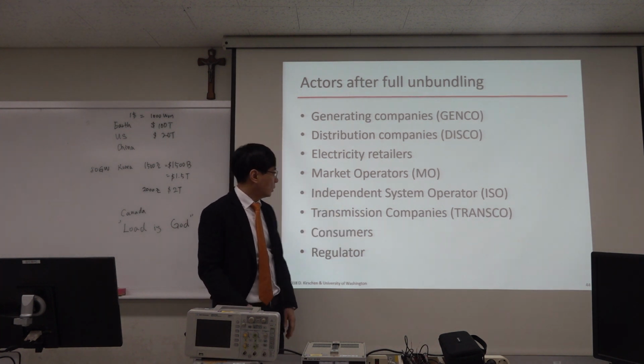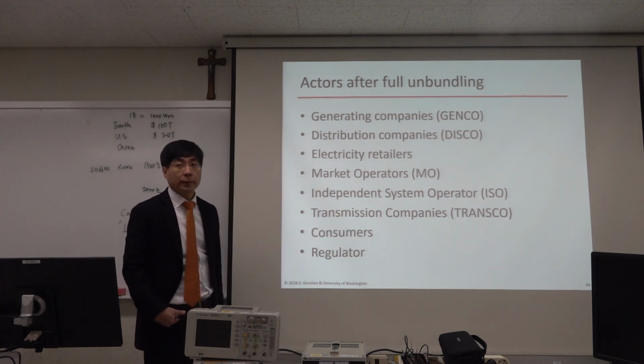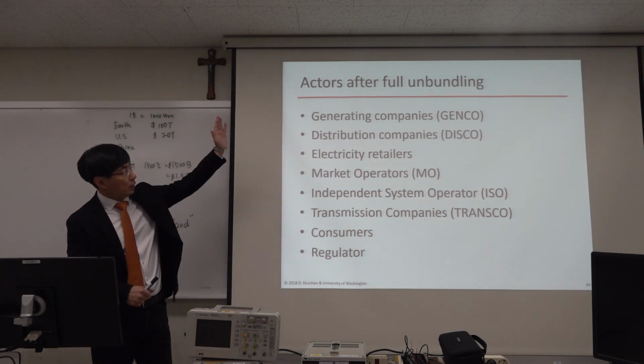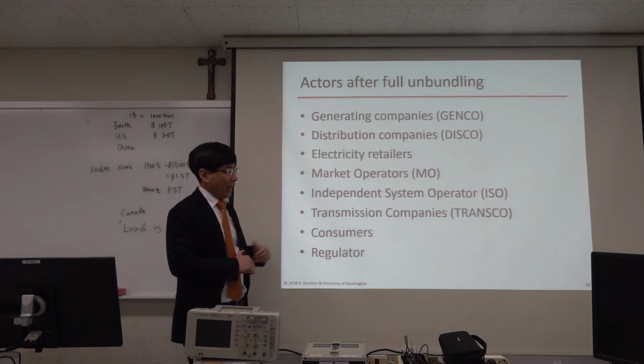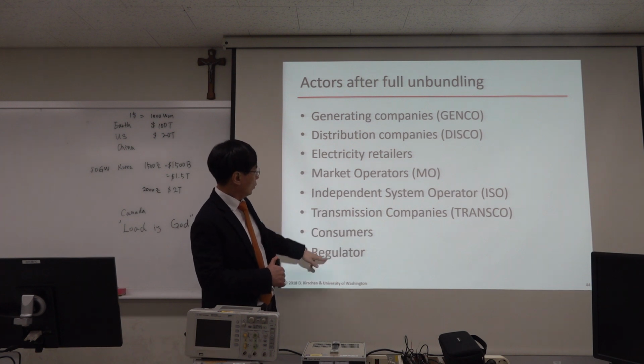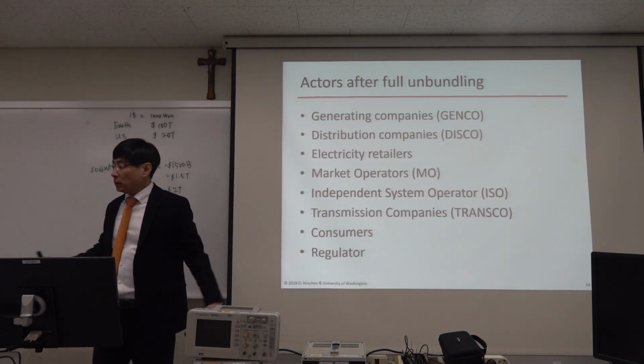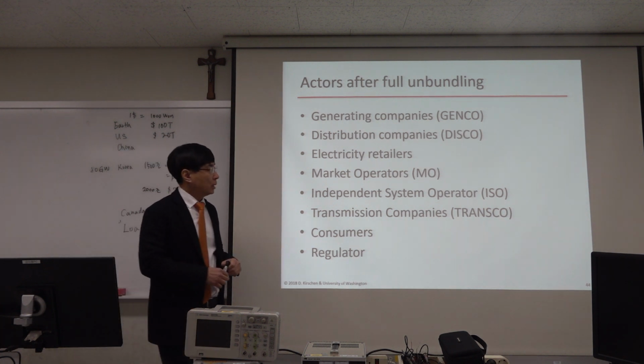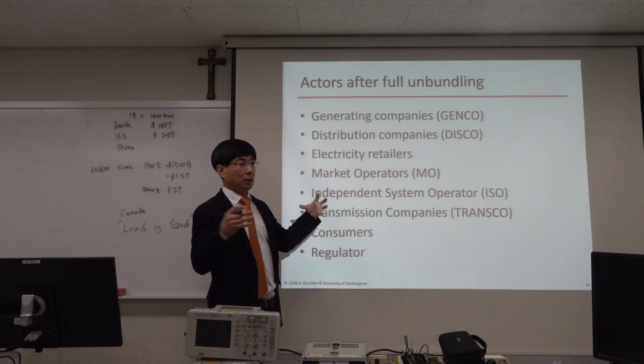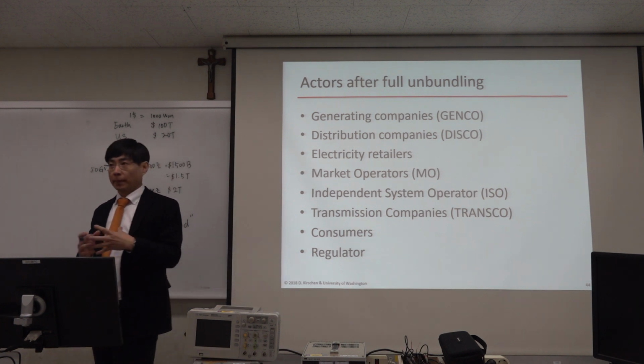Transmission company, Transco, consumer, and regulator. Okay. So we logically divide actors into 1, 2, 3, 4, 5, 6, 7, 8. Yeah, this is a conceptual case, and depending on the countries, some functions are merged into one. Okay.